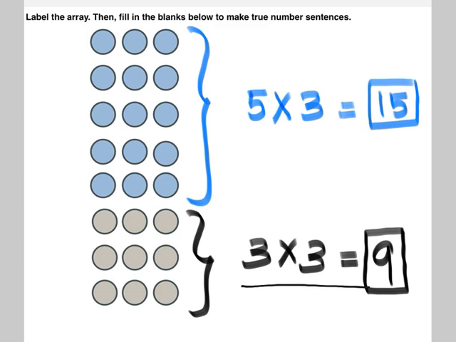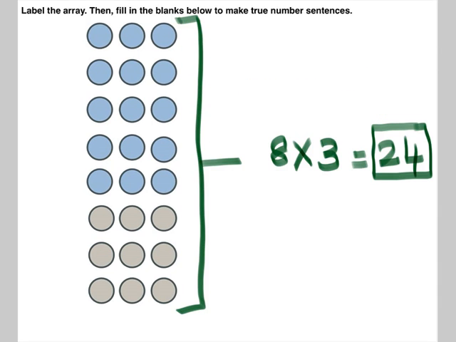And 3 times 3 equals 9. How did we get that? We know that 3 groups of 3 means 3 plus 3 plus 3, which is 9. How did we get 9? 3 plus 3 is 6 and 6 plus 3 makes 9. But when we add the total number of groups or total number of rows, we get 8 groups or 8 rows in this array.